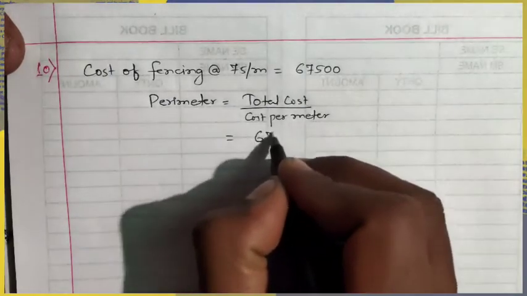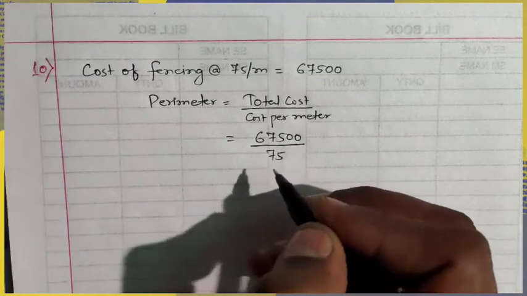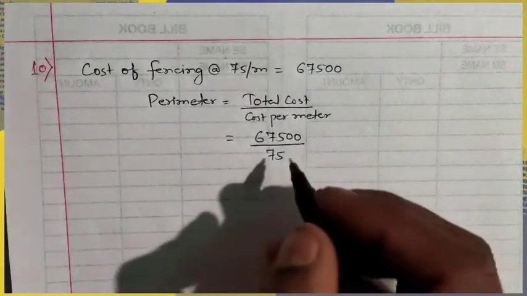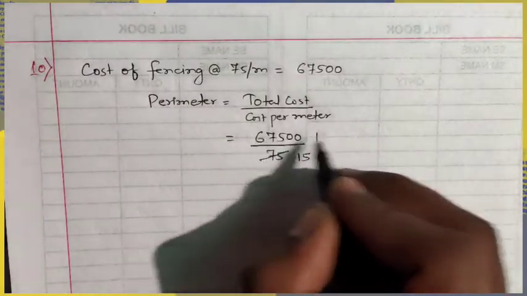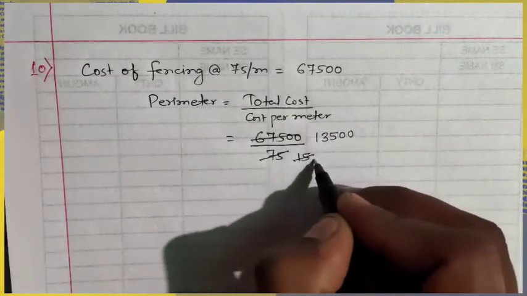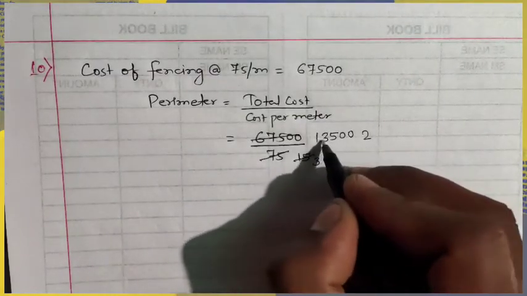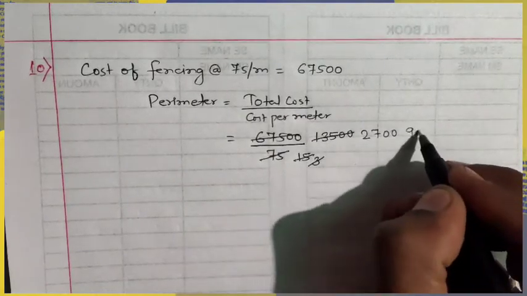Total cost is 67,500 divided by cost per meter, that is 75. Now we will reduce these fractions. 5 1s are 5, 5 5s are 25, 5 1s are 5, carry 1, 5 3s are 15, carry 2, 5 5s are 25, 0 0, 5 3s are 15, 5 2s are 10, carry 3, 5 7s are 35, 0 0, 3 9s are 27, 0 0.